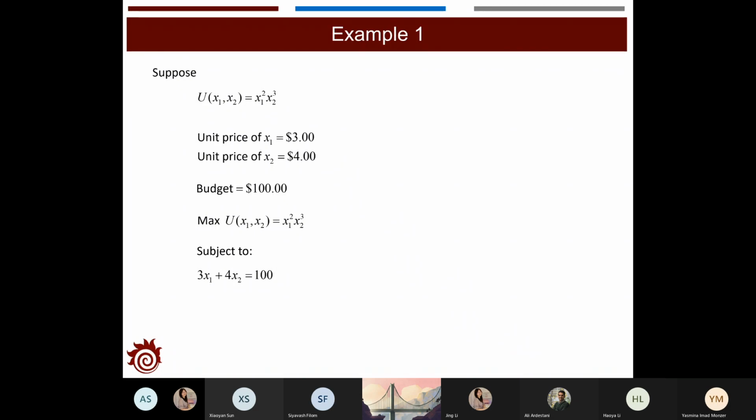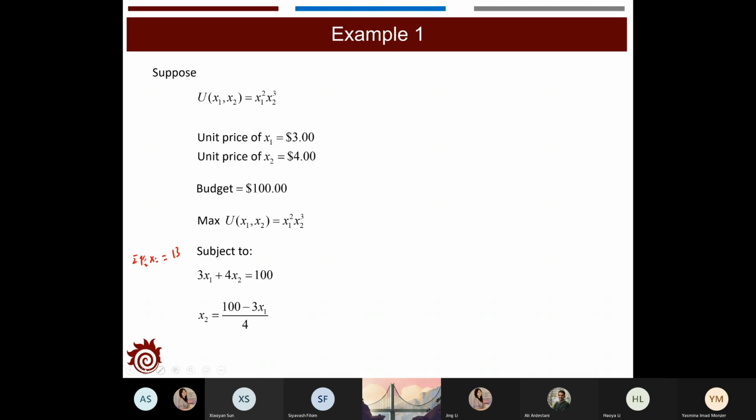The budget constraint is the summation of Pi xi smaller than or equal to B. We change this to equal. For this case, P1 is 3, P2 is 4, so we have 3x1 plus 4x2 equal to 100.